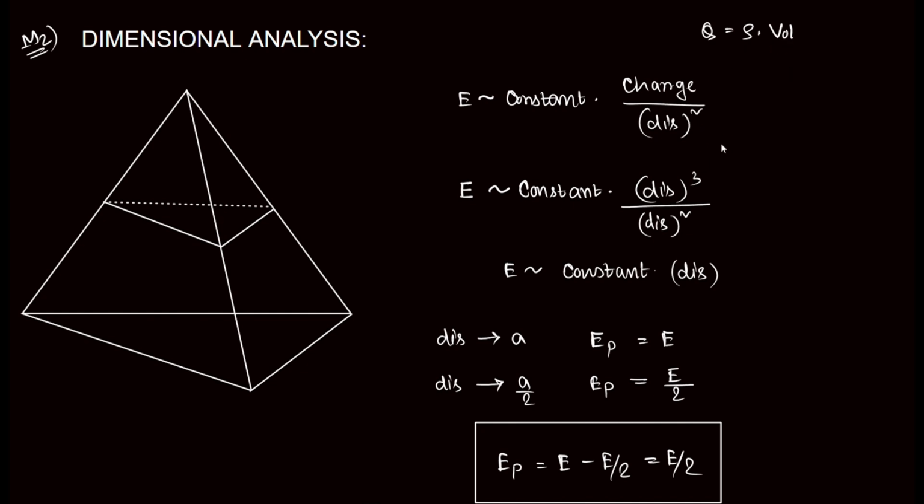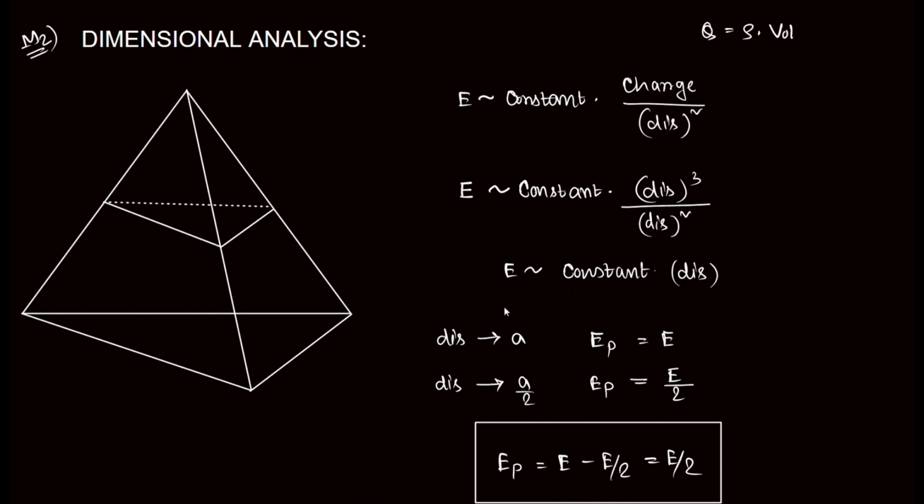Now what is volume? It is length cube or distance cube. So my electric field dimensionally became a constant times distance cube upon distance square, which is simply distance. So finally I get that my electric field is a constant times length dimensionally.